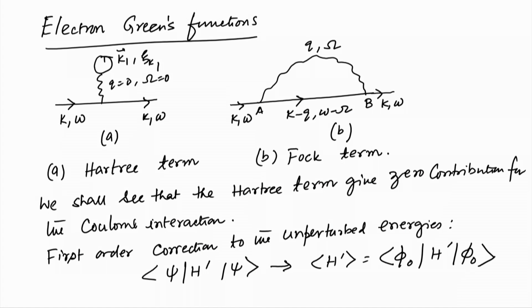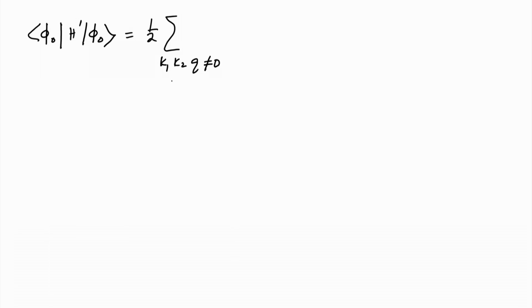And this can be written as equal to half, sum over k 1, k 2, q. Now, q should not be equal to 0, and sigma and sigma prime with a V q. I will just come in a moment to why q is not equal to 0.